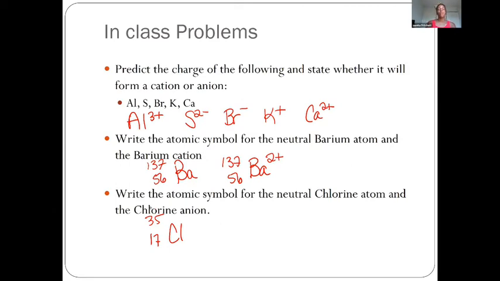For the ion, the anion, notice again it's saying anion, that negative anion. What we're going to say is that for chlorine, the number of protons remains the same, so therefore the atomic number remains the same. We haven't changed the number of neutrons, so the mass number also stays the same.